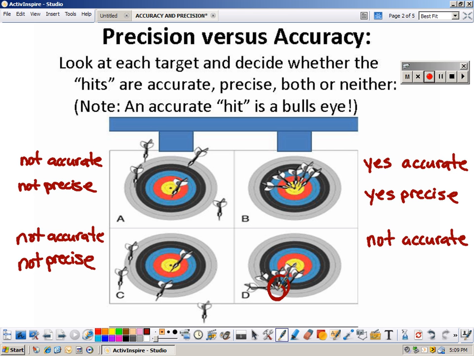So even though they're not accurate, they are precise. So hopefully this gives you some idea as to how you tell whether a measurement is accurate or precise. Okay, we're going to move on and do a few examples.